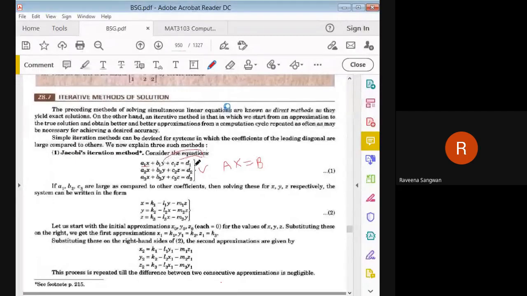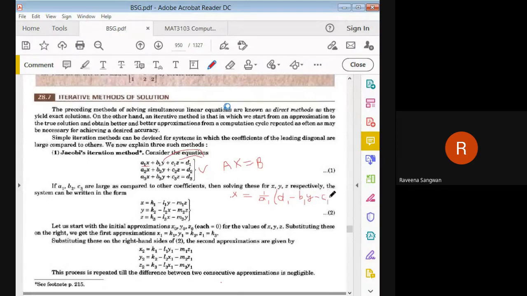After doing that, the coefficients become like x = 1/a1 times (d1 - b1y - c1z).